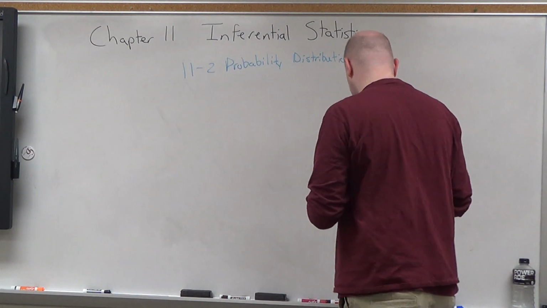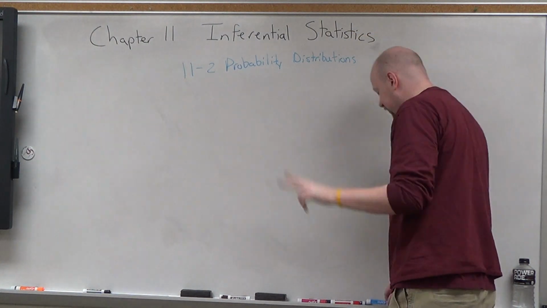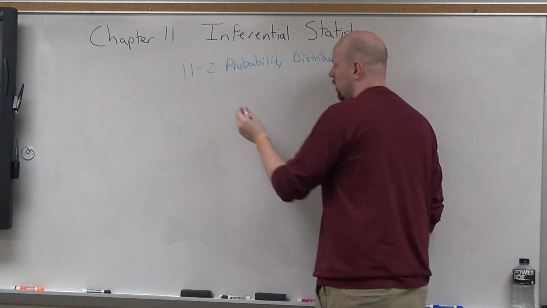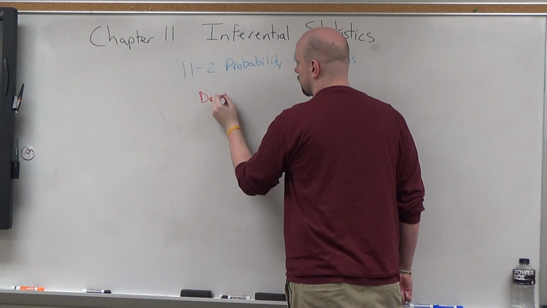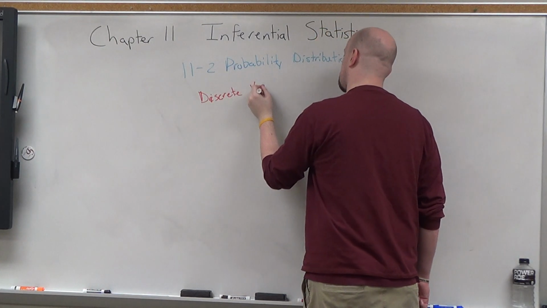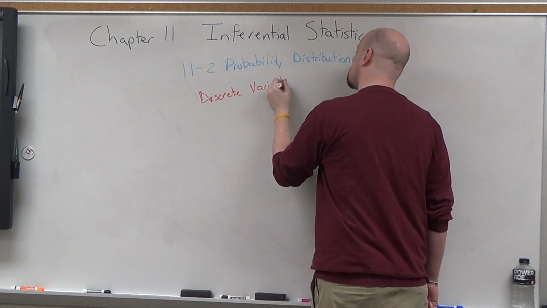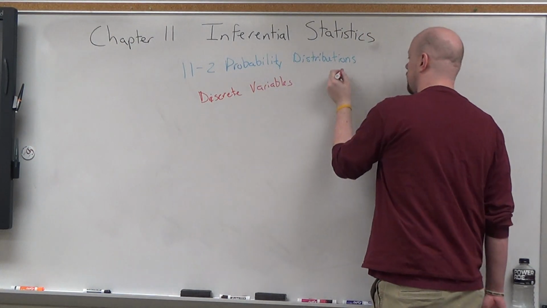So the first thing in chapter 11-2 are 2 types of variables. We have discrete variables and then we also have continuous variables.